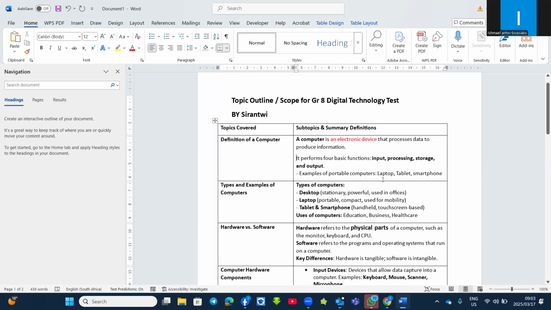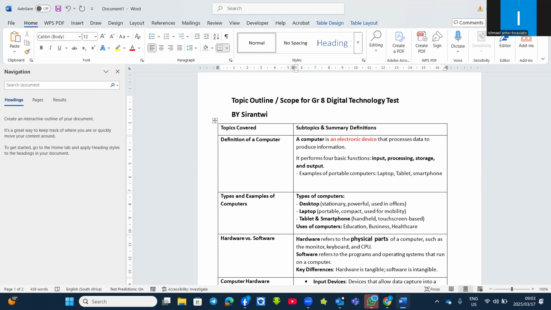And examples of portable computers that you must also know. When you talk about portable computers, these are computers that you can move around. For instance, a laptop, you can move your laptop around. You can move your tablet around. And you can also take your smartphone anywhere. They are called portable computers. And then we also have non-portable computers.